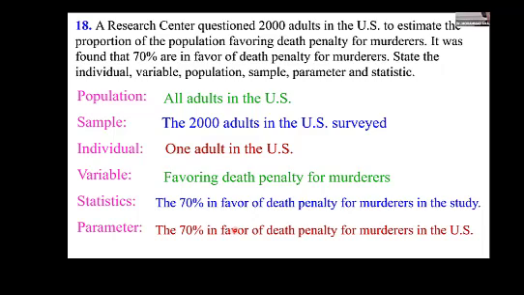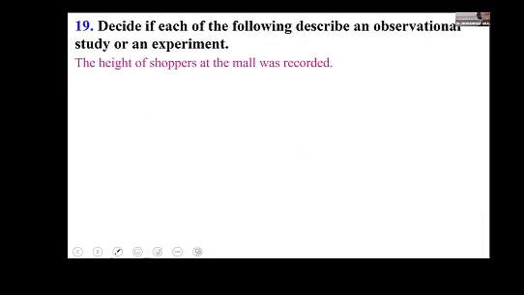Here's the last question. Decide if each of the following describes an observational study or an experiment. The height of shoppers at the mall was recorded. That is clearly just observing, so we are looking at an observational study.